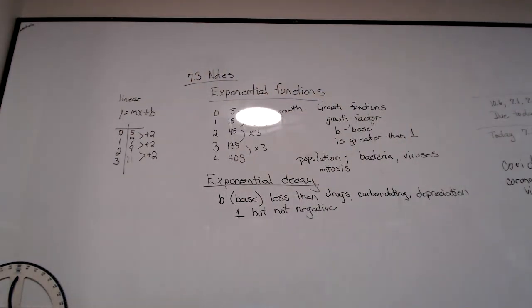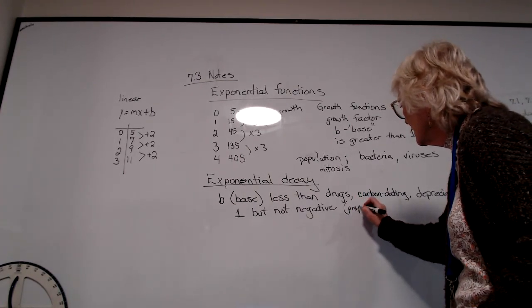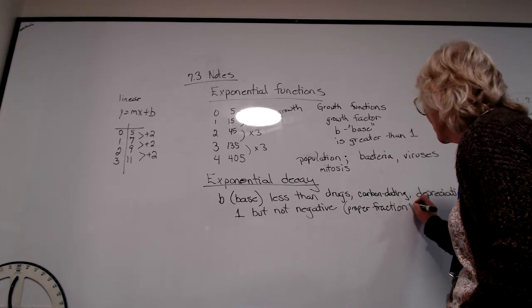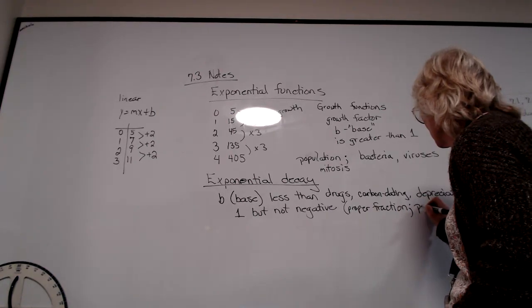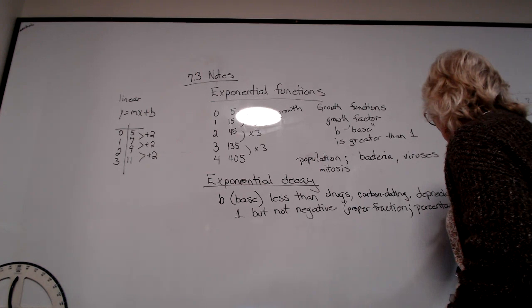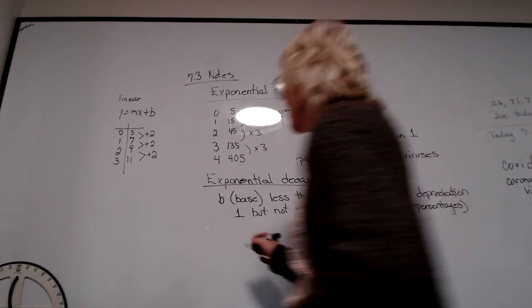The decay number is going to be a proper fraction, which, remember, all proper fractions can also be written as percentages. Okay, so when we're talking about exponential decay, we're talking about the amount that it decays in whatever specific time period you have. So if you're looking at one, it would look like this.